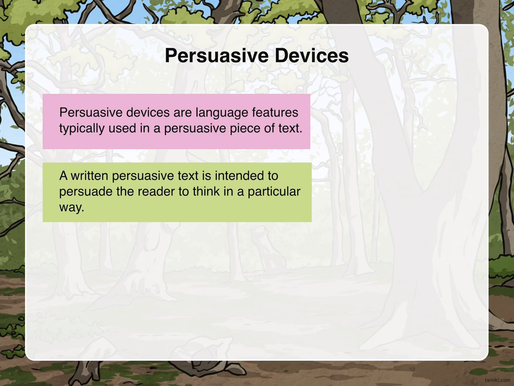But say, for example, Mr. Loudon thinks that Galaxy is the best chocolate out there. In my piece of persuasive writing, it would be my job to try and convince Mr. Loudon to think the same things as me, so that Cadbury's chocolate is the best chocolate. And persuasive devices help us to do that.